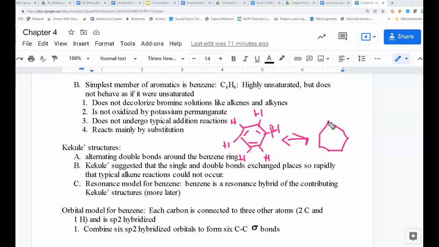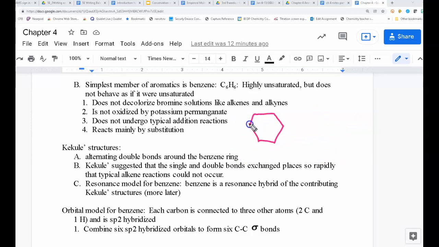Basically these two structures just change their positions on where the double bonds are. Let me erase that and try one more time.